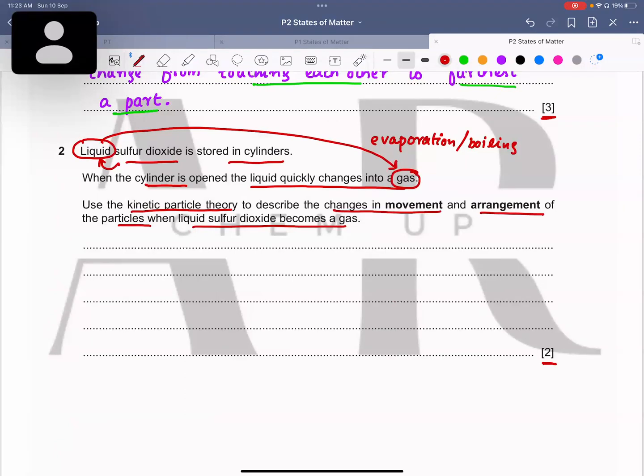So when we talk about movement, how can you compare the movement of a liquid and a gas? Sir, the movement changes from sliding past each other to moving very fast. Okay, very good.